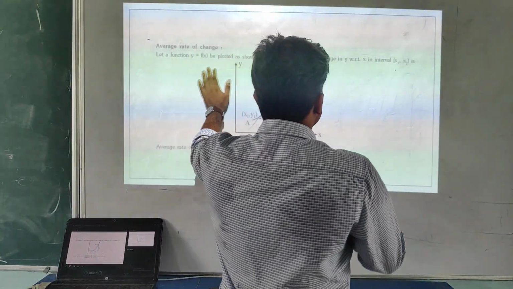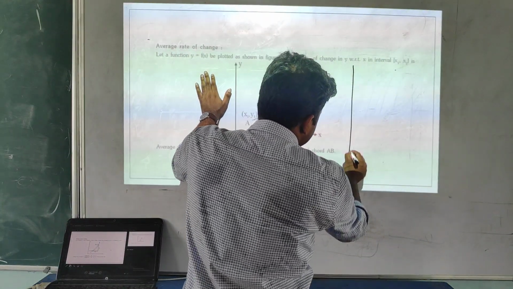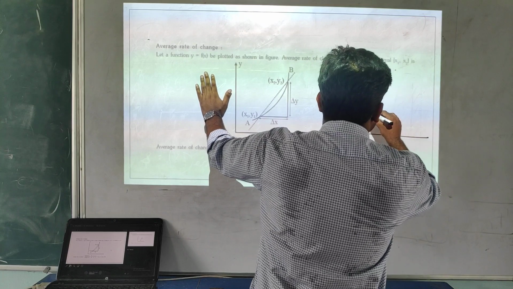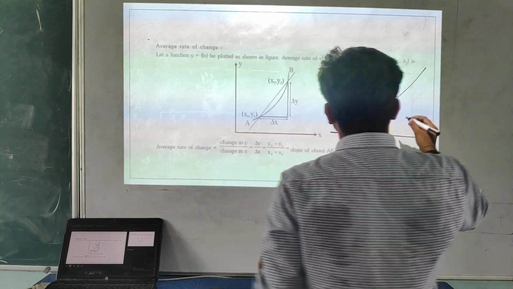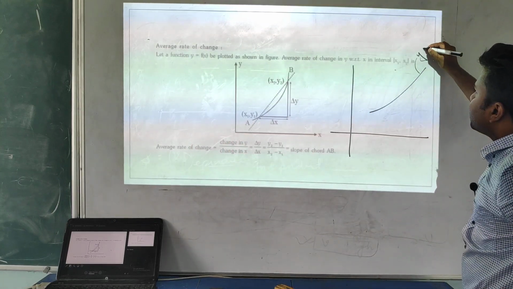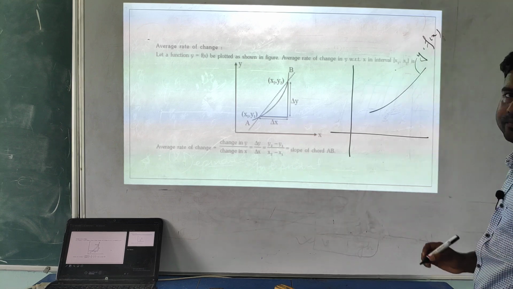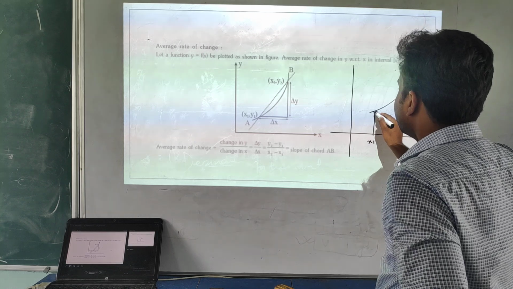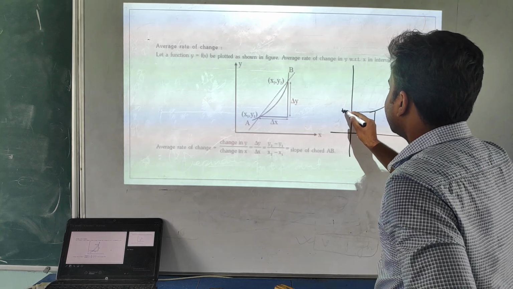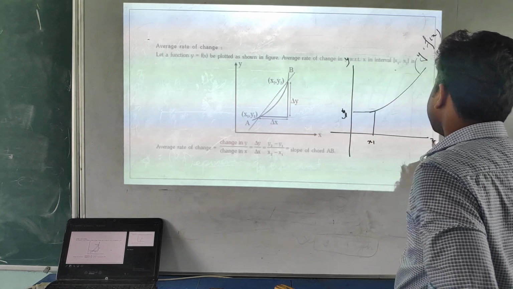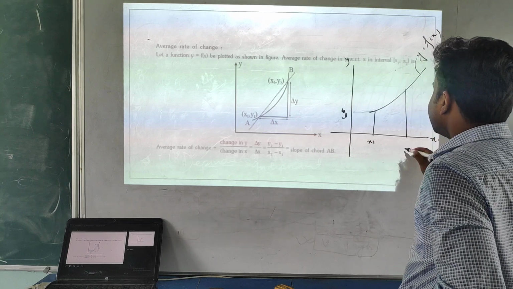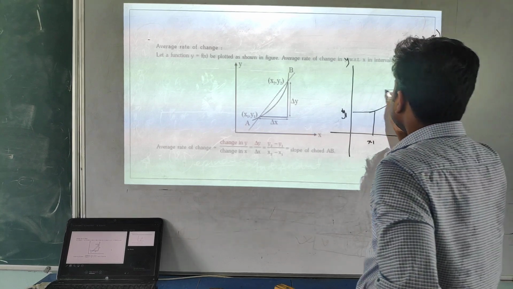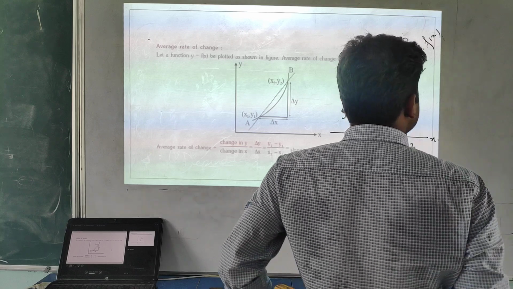Look at this. So for understanding of this, here I am drawing a graph, then you can understand properly. So this is the graph of y equal to f of x, and I am assuming at this point it's x1. With respect to x1 what you are getting, y1, this is the y axis, this is the x axis. Now here I am taking x2, so what you will get, y2.